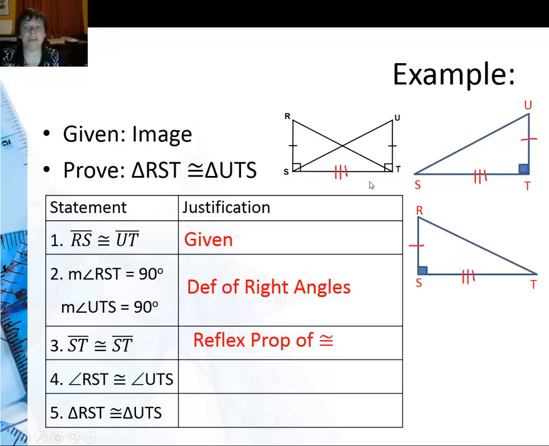Basically, a side is congruent to itself. And then finally, I have these two angles are congruent by the definition of right angles. Well, now you can see I have a side, an angle, and a side. A side, an angle, and a side. And it's UTS and RST. So that's using the side angle side congruence postulate.